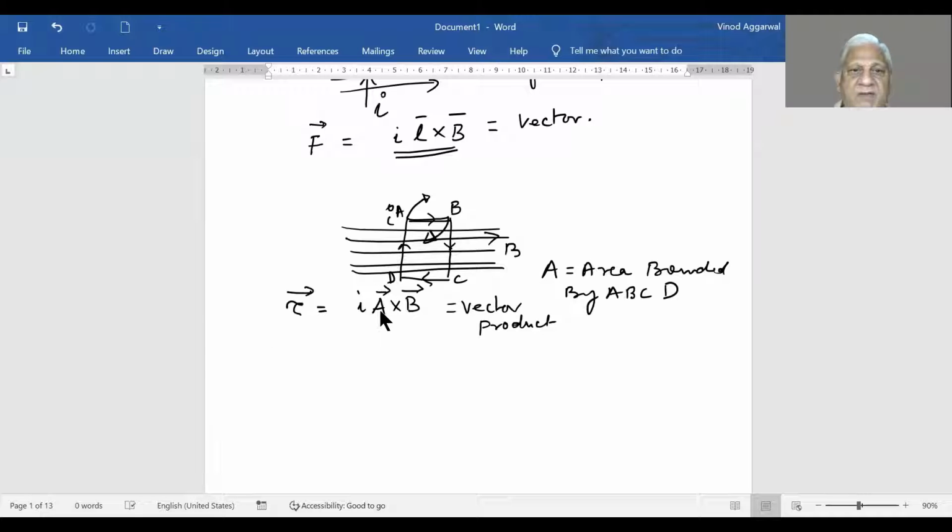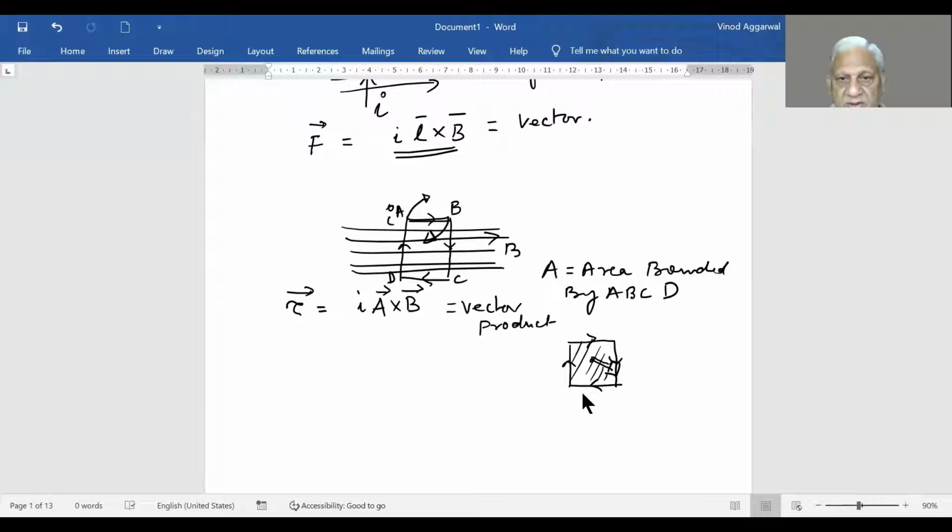Now what is A? A we know is normally a scalar quantity, but in this case A is a vector, and the direction of A is, if you have a coil in which you have current flowing through it, you put a screw perpendicular to the surface of the coil and then rotate the screw in the direction of the current.